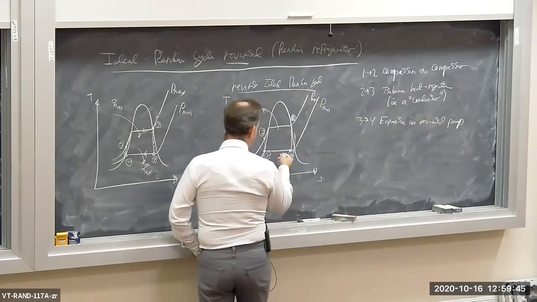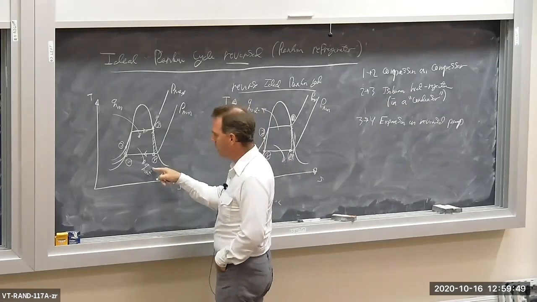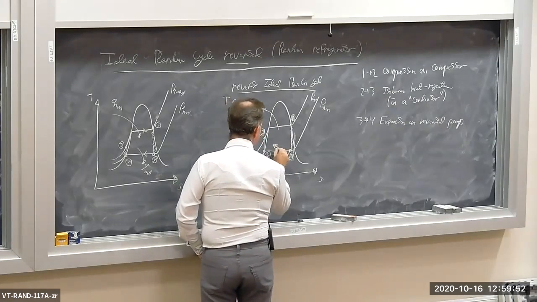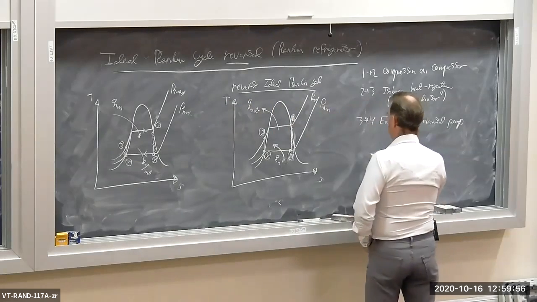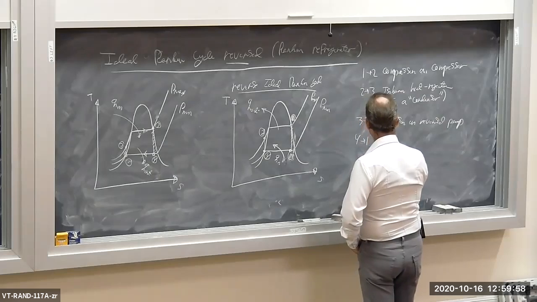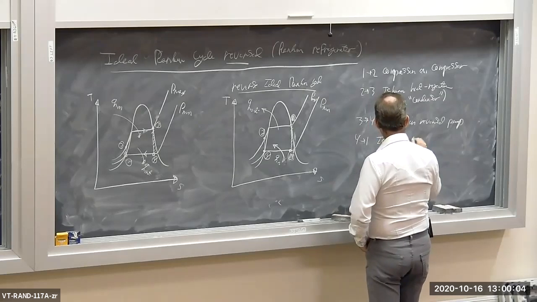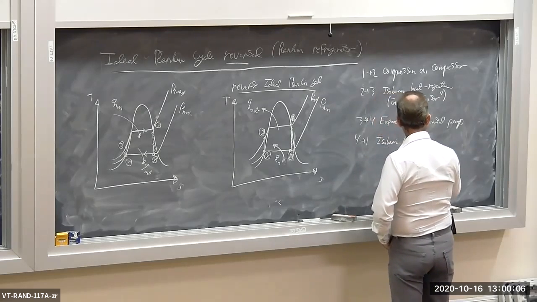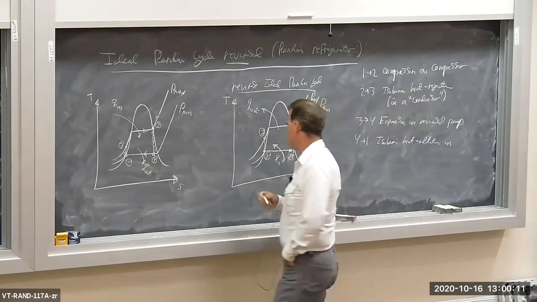And then as we go from 4 to 1, instead of rejecting heat, we are adding heat. So Q in. So from 4 to 1, we have isobaric heat addition in, okay, wait a minute, in a what?